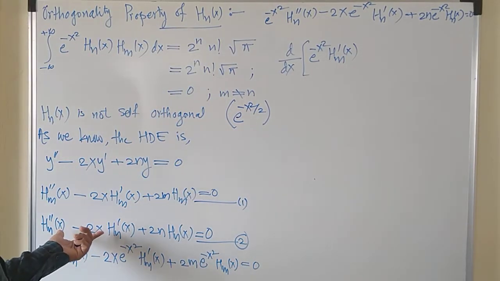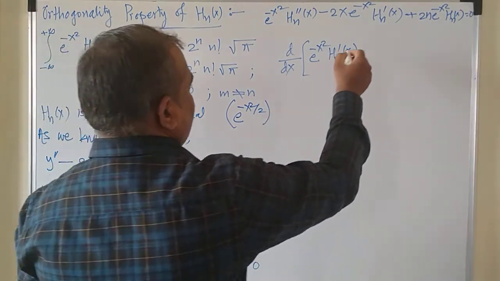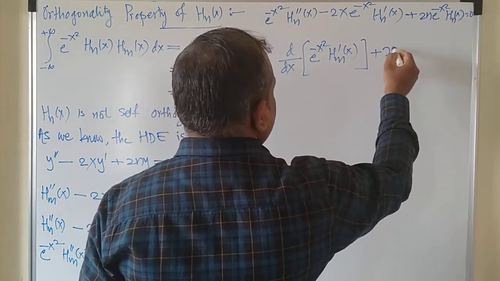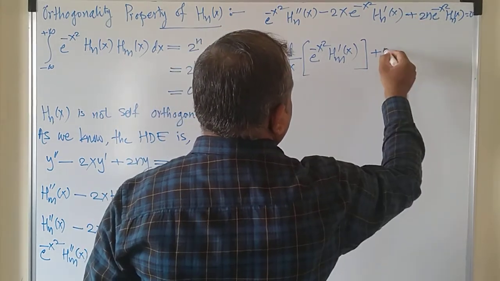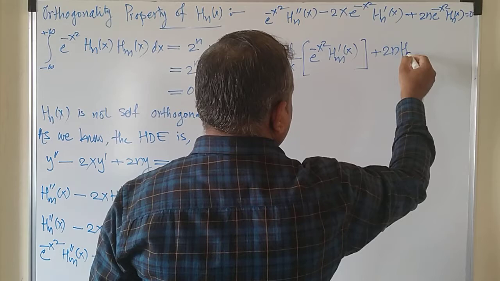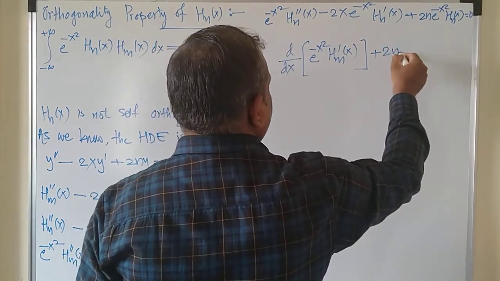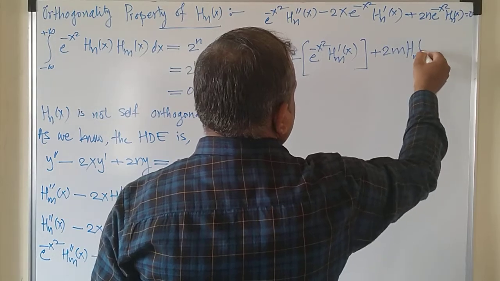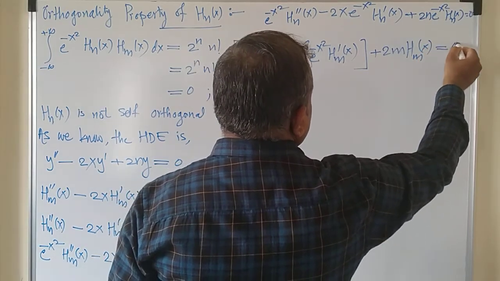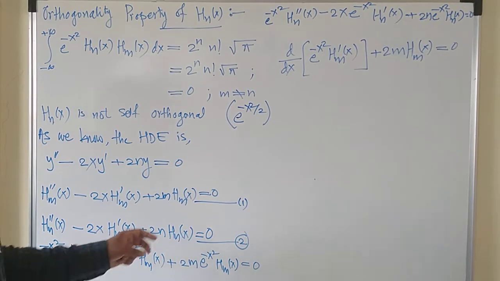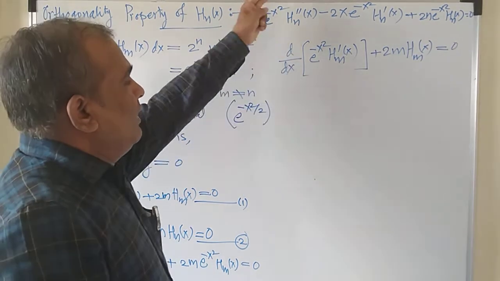Now you can check after differentiation whether you are getting these terms or not, right? Plus the third term will be as it is, that is 2m into Hn of x equals 0. So this equation is written in a simplified way. Let's check whether you are getting the same or not.